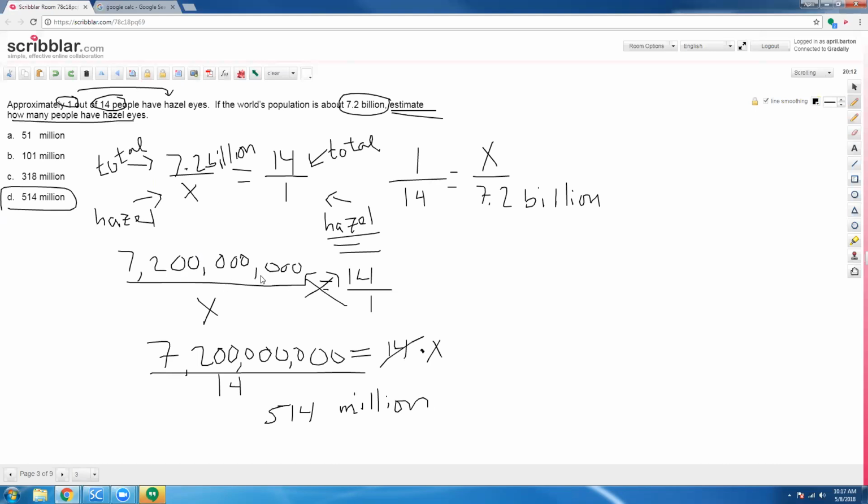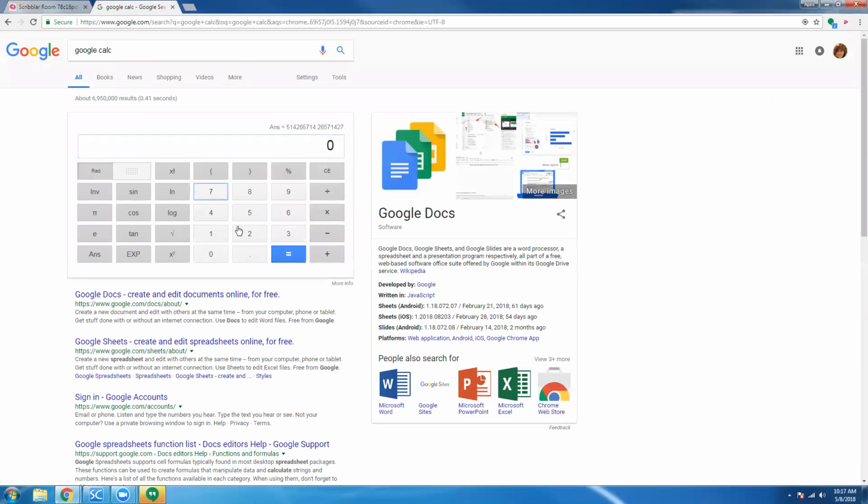Now, the reason I wrote this out as the actual billion, if we did just the 7.2 and we ended up having to do 7.2 divided by 14, it might look a little weird. Since 7.2 was in billions, this is saying 0.514 billion, which is 514 million, which can be kind of hard to conceptualize in my mind.